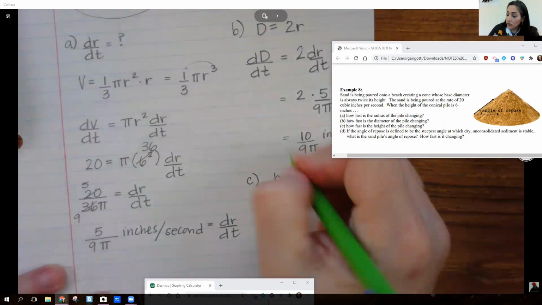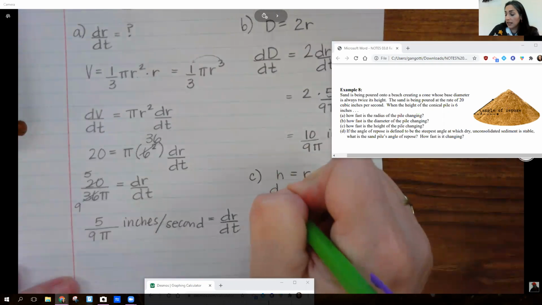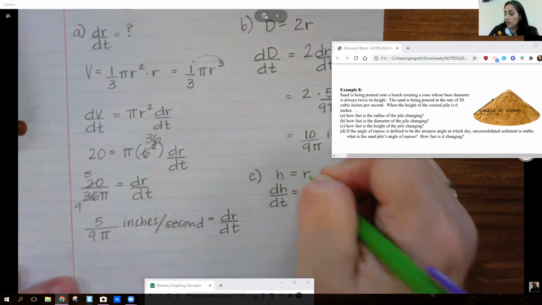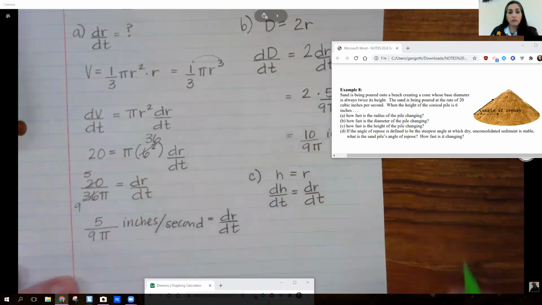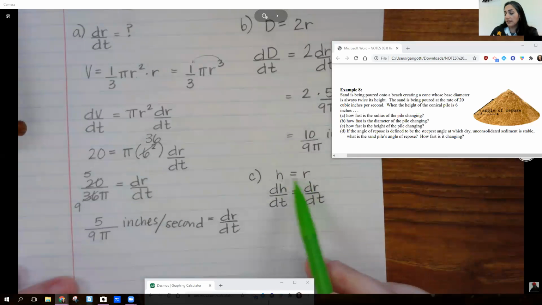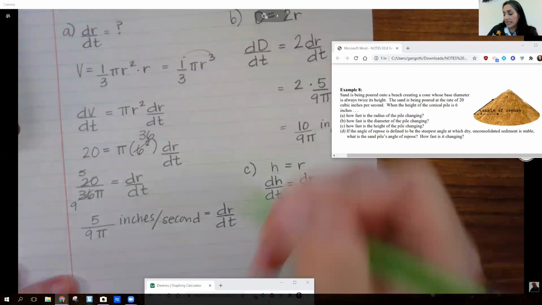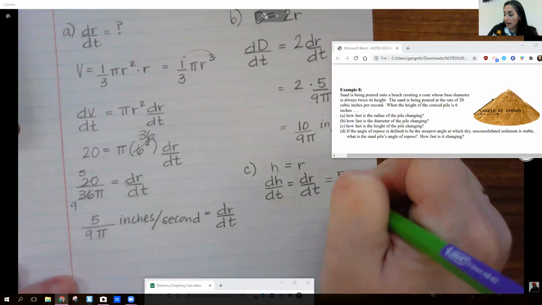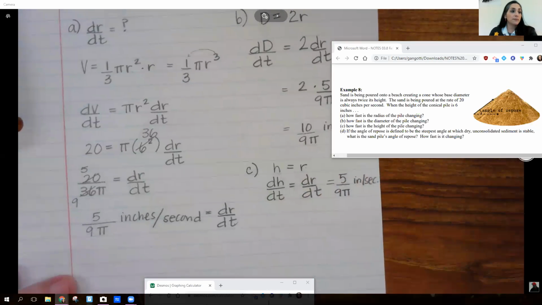So if h equals r, then the rate that the height is changing will be the derivative of h, and that's going to equal the derivative of r. If I take the derivative of both sides, dh/dt is going to equal dr/dt. We solved that already. That is 5 over 9 pi inches per second.